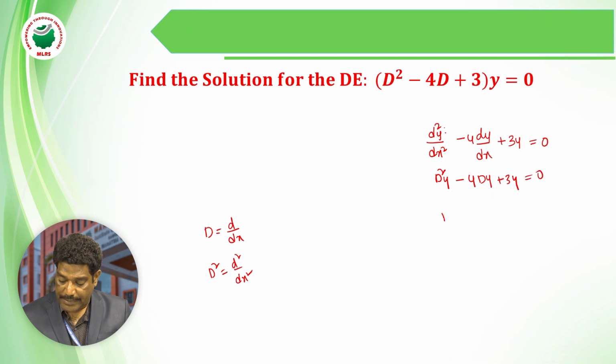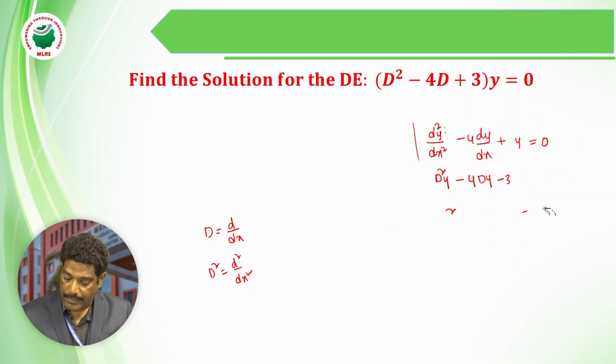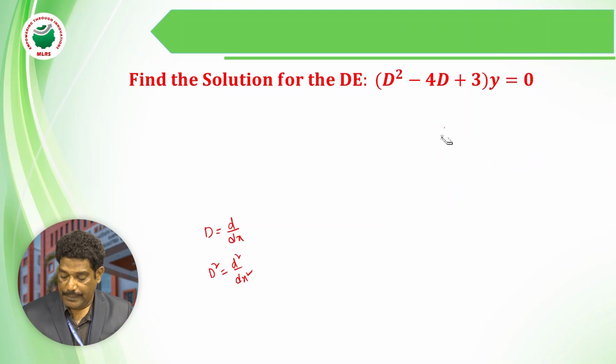From the 3 terms you can take y common, then we get (D square minus 4D plus 3) y equals 0. If the differential equation is given like this, you need to rewrite it into the operator form. After writing it into the operator form, we start finding the solution.